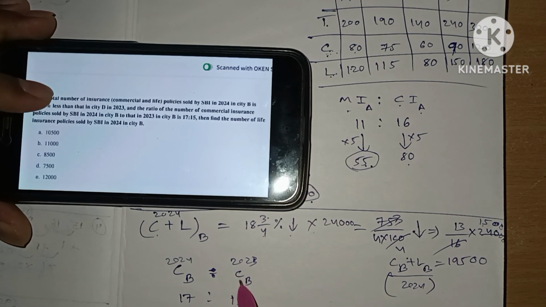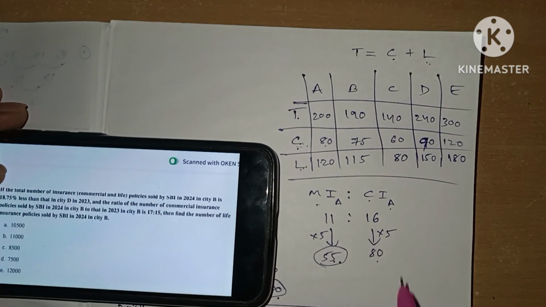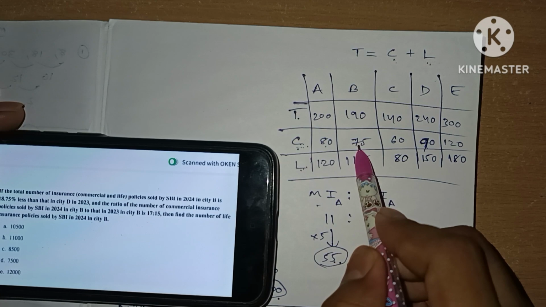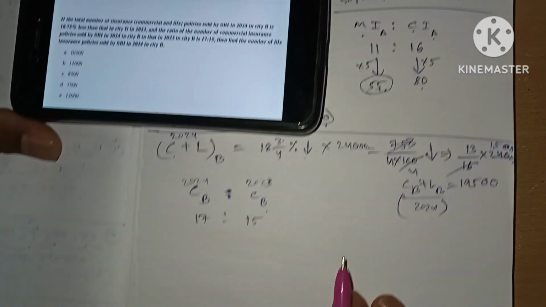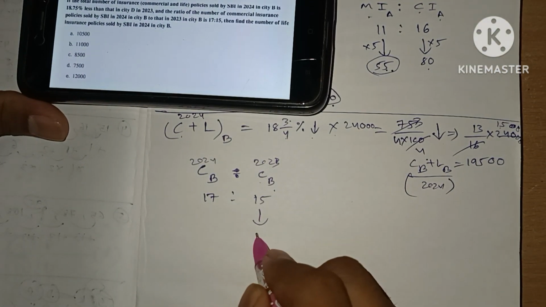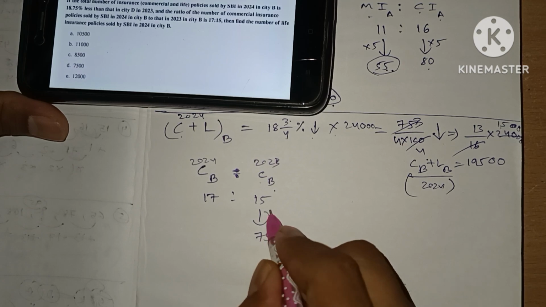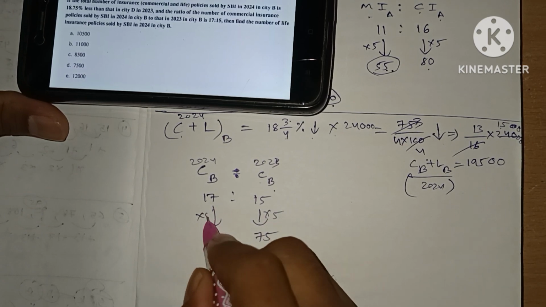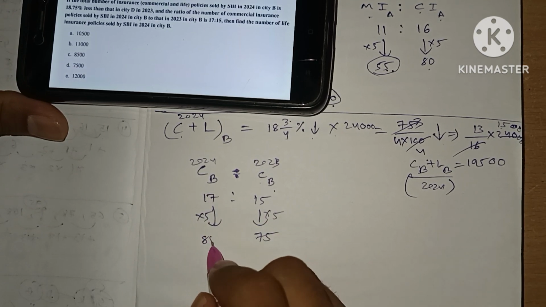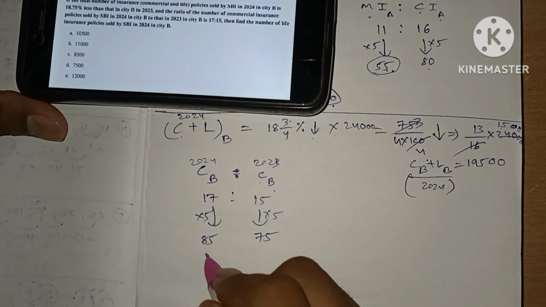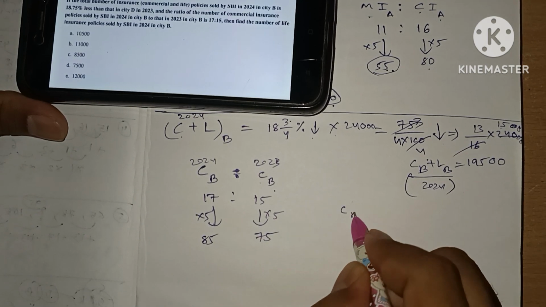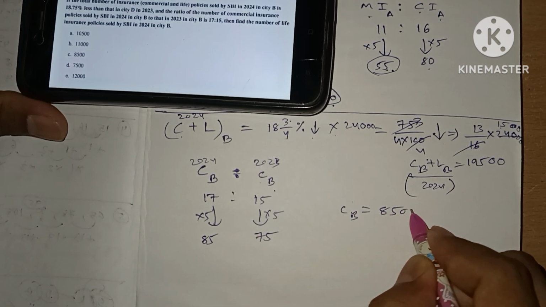We have the 2023 CB value, which is 7500. So the 15 parts value is 75, which means times 5. So 17 must also be times 5, which will be 85, and these are in hundreds, 8500. So the CB value we got is 8500.